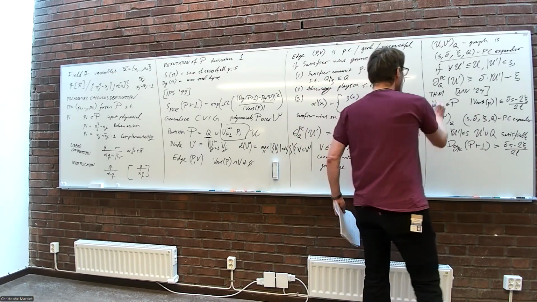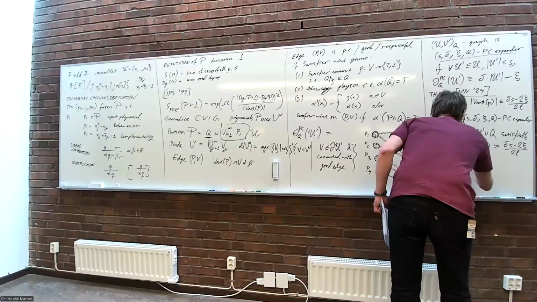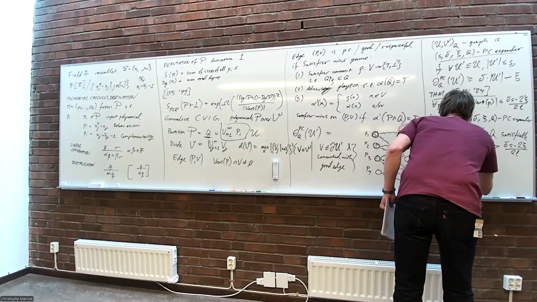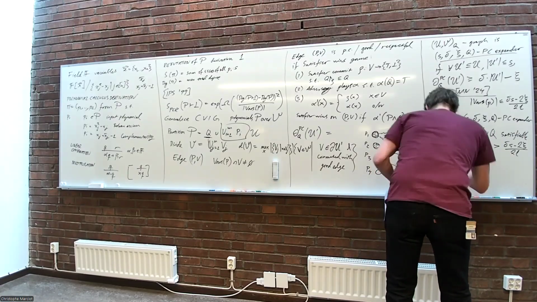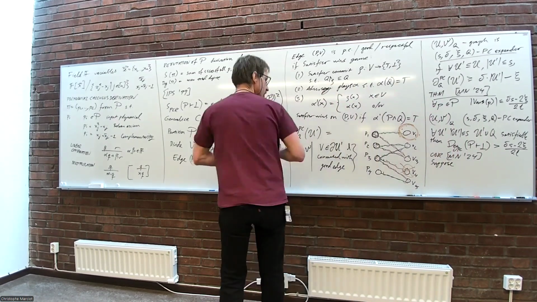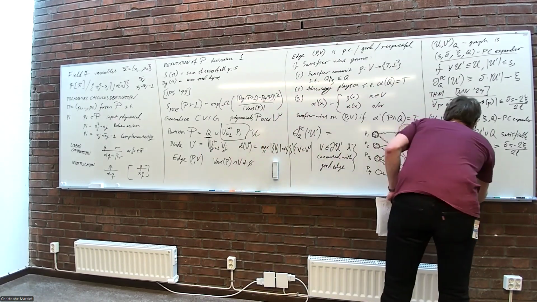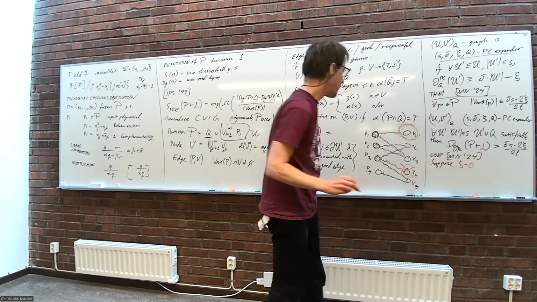Okay. And now a corollary, which is what we're going to use today: suppose we have a standard expander, so the slack is 0.